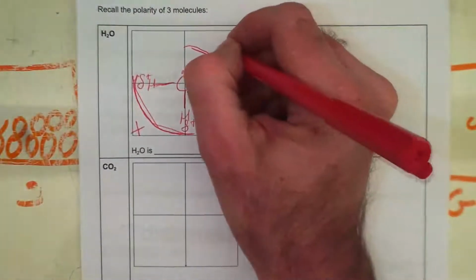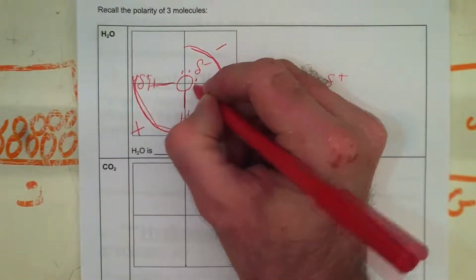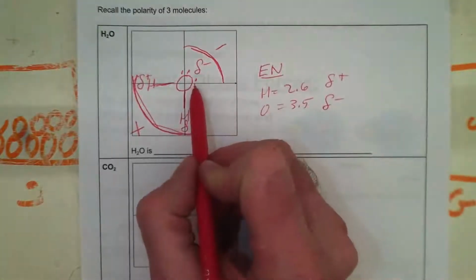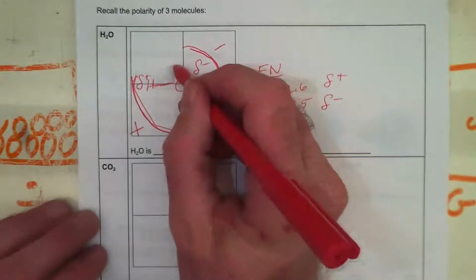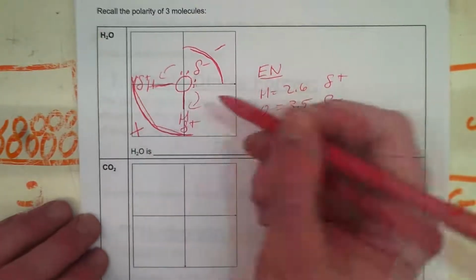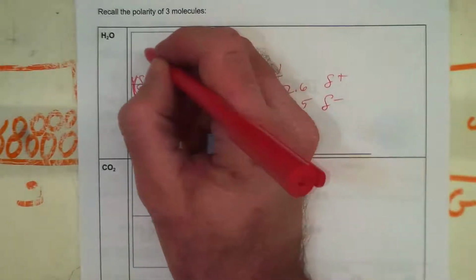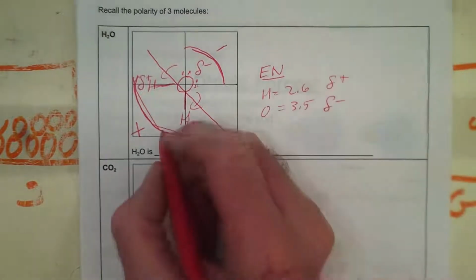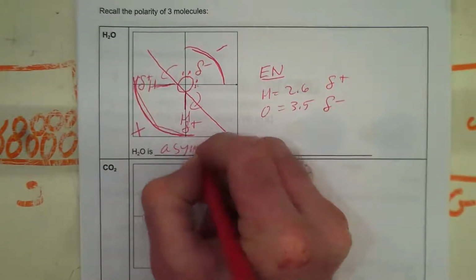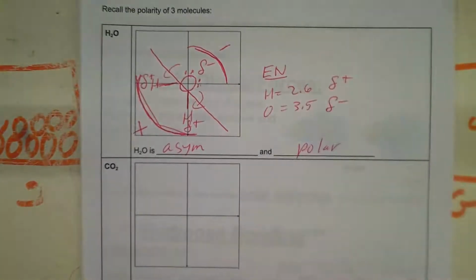One of the things we didn't talk that much about in bonding, and should have, is that one of the tells for a polar molecule is these non-bonding pairs, these lone pairs, which are forcing these hydrogens closer together, causing it to be polar. I can draw a line separating the positive and negative half of this molecule. So water is asymmetrical, and therefore it is polar. Its charge is asymmetrical, so therefore it's polar.